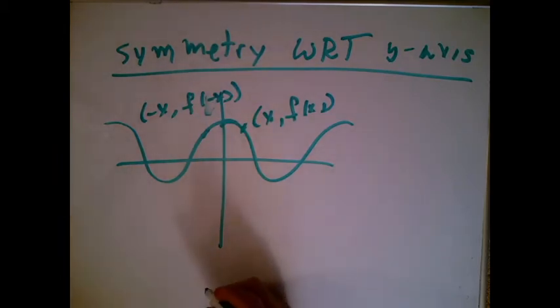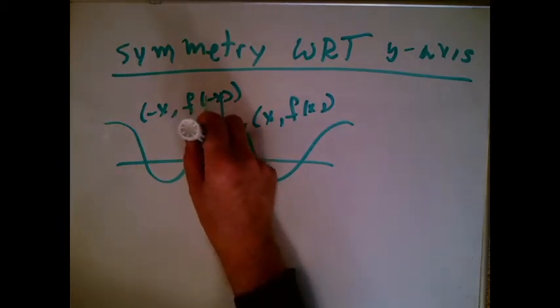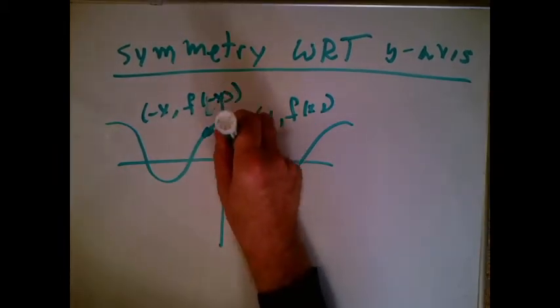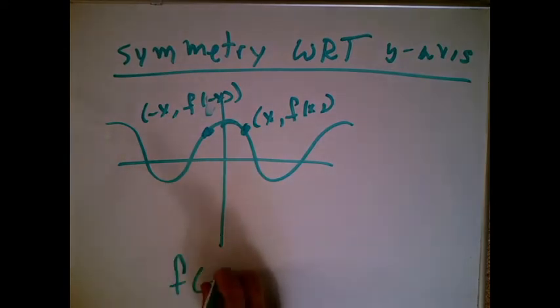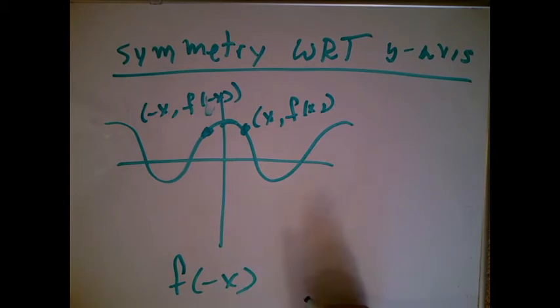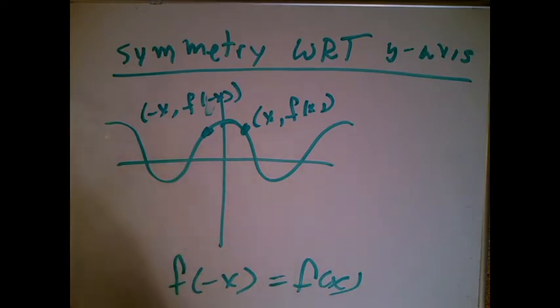Now, if it's symmetric with respect to the y-axis, the height of this point is going to be the same as the height of this point. The height of the point on the left-hand side is just f of minus x. The height of the point on the right-hand side is just f of x. And so this is usually what they tell you to look for when something's symmetric with respect to the y-axis. Because all this says is, if you try to plug in the point on the other side, you should get the exact same y value.